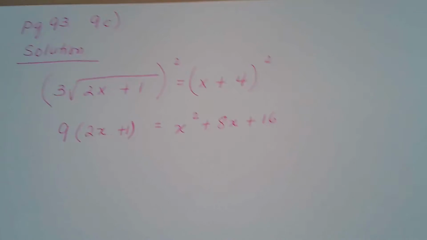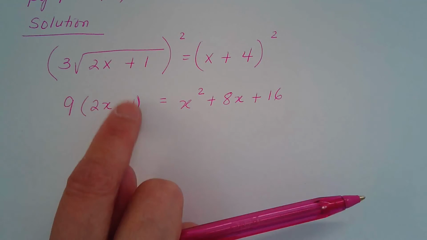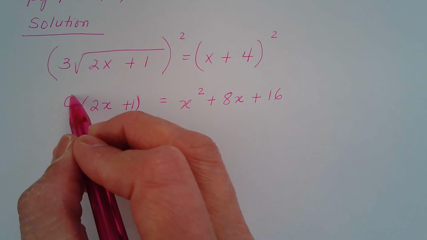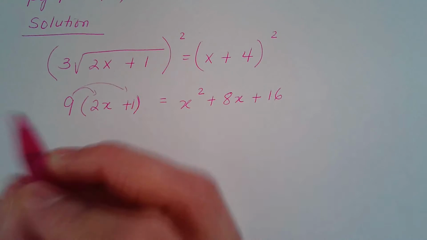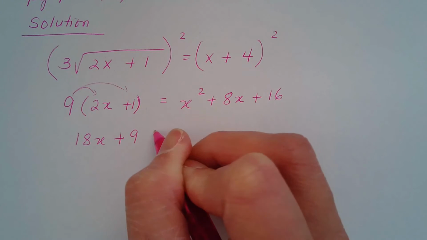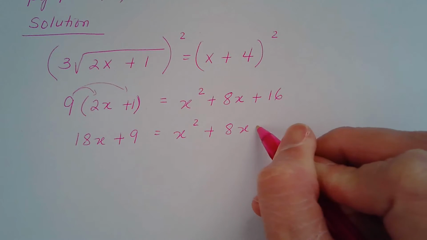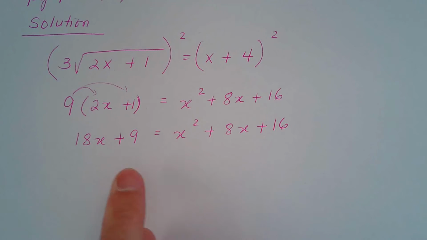Okay? Now, what are we going to do next? Well, let's bring in, expand this one here. That becomes 18x plus 9 equals x squared plus 8x plus 16. Okay.